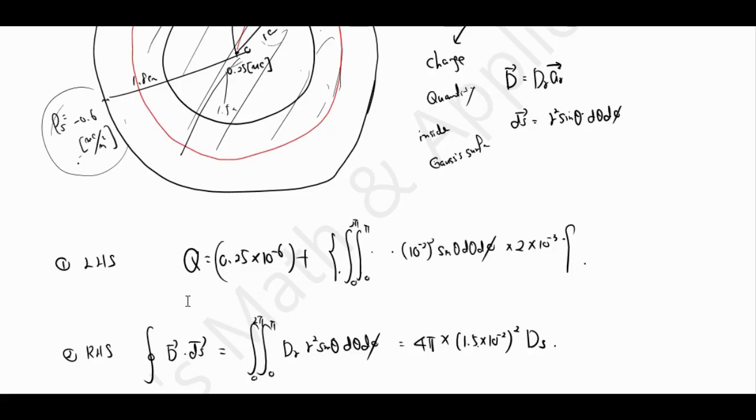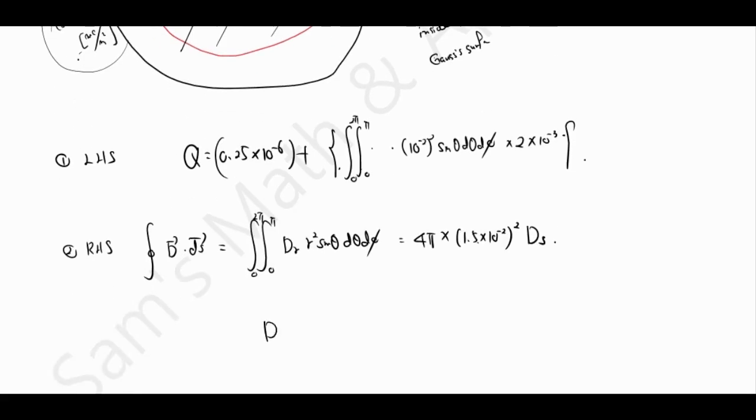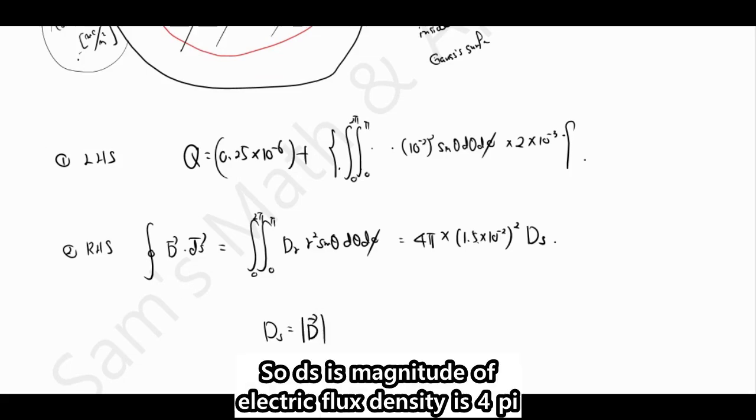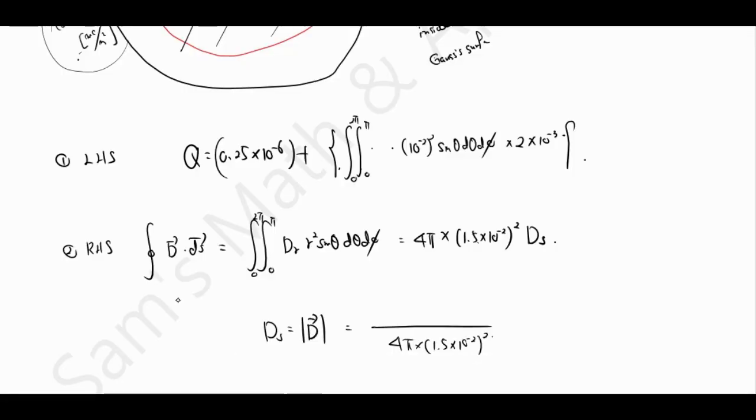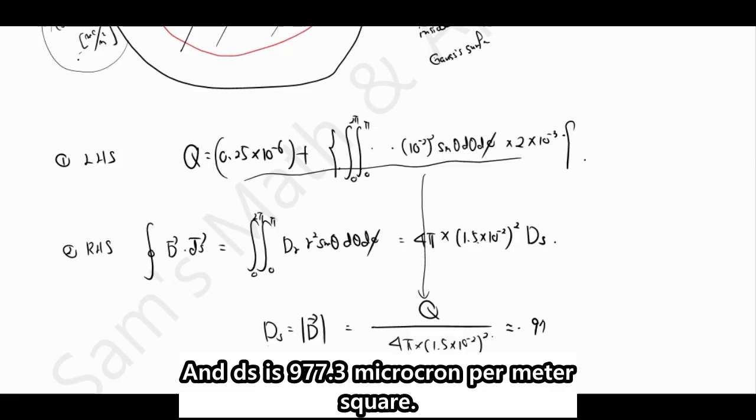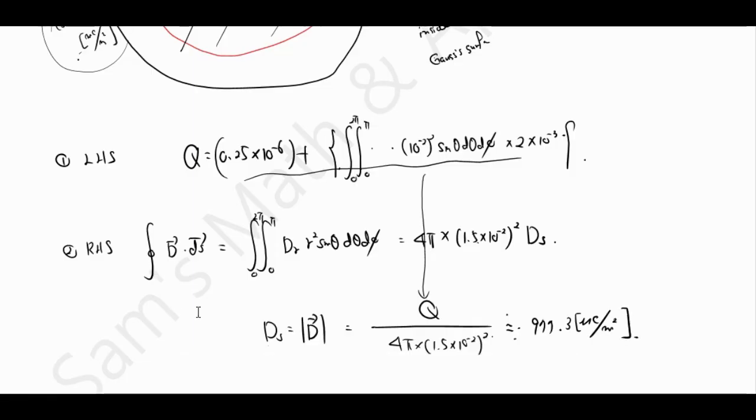So the magnitude of electric flux density D is Q over 4 pi times 1.5 multiplied by 10 to the power minus 2 squared, and D is approximately 977.3 microcoulomb per meter square.